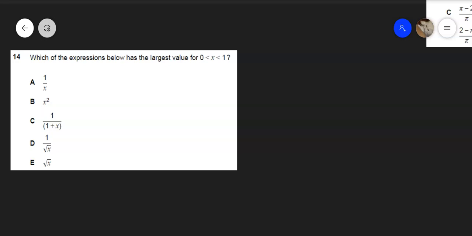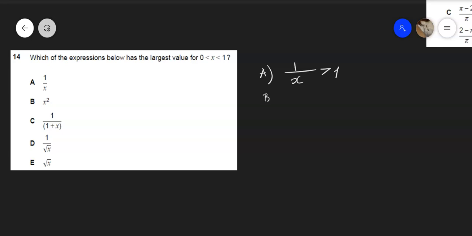So for option A, we have 1 divided by a number which is greater than 0 but less than 1. And we should remember that if we divide 1 by something that's positive but less than 1, for example 0.1, the resultant number will always be greater than 1, right?